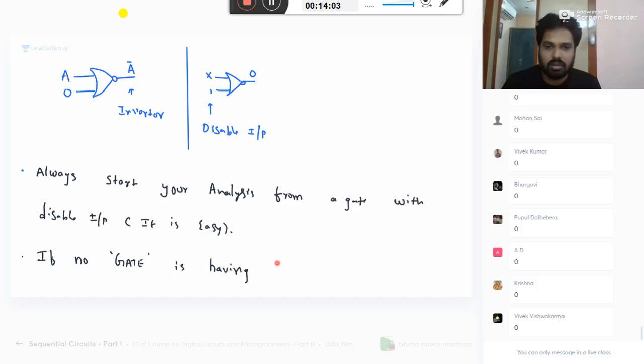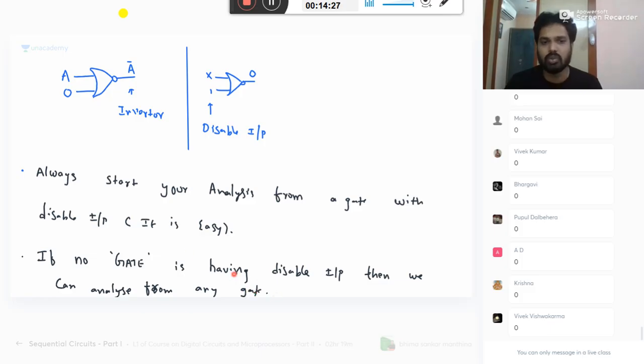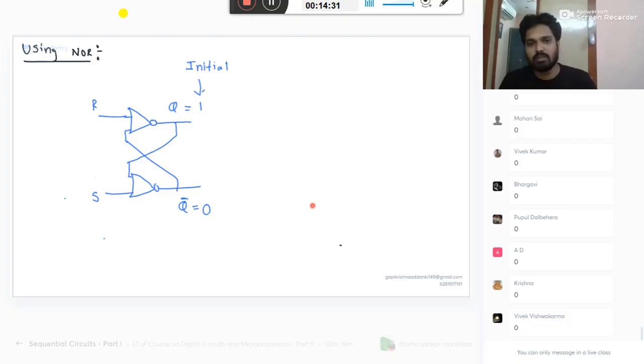If no gate is having disable input, then we can analyze from any gate. Okay, this is fundamental to the analysis. So always start your analysis from the disable input.